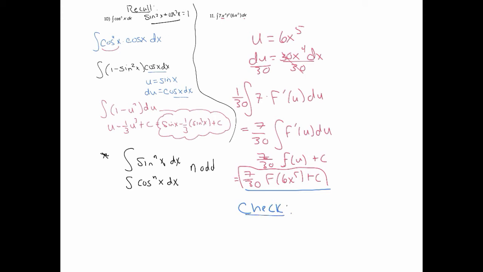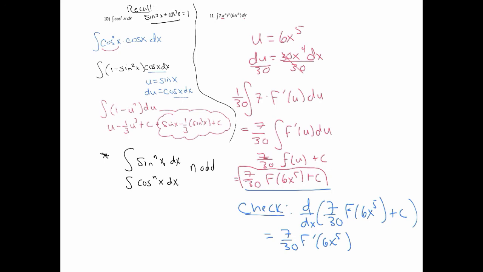Notice when you check that, you'll get exactly what we see up there inside the integral. You should note that I'm taking the derivative. So the derivative of 7 over 30 f of 6x to the 5th plus c is just going to be 7 over 30 f prime of 6x to the 5th, right?